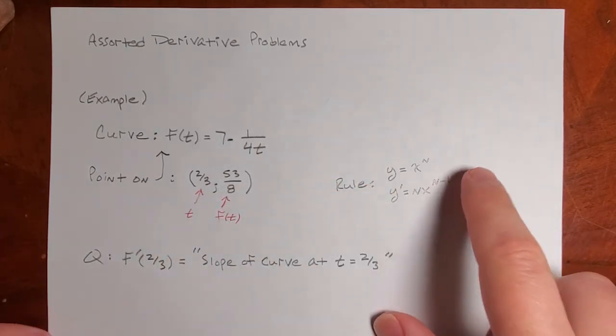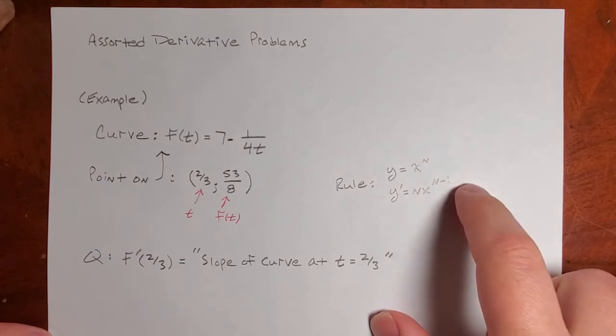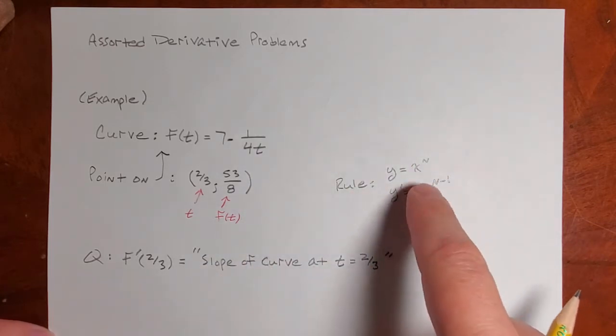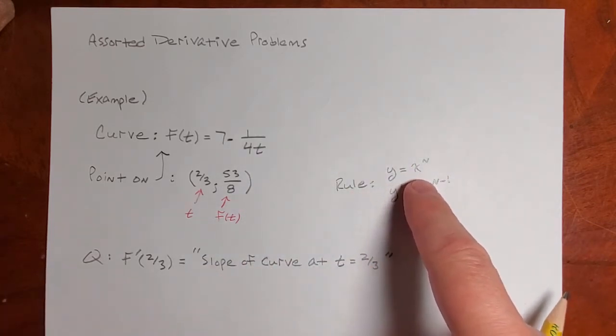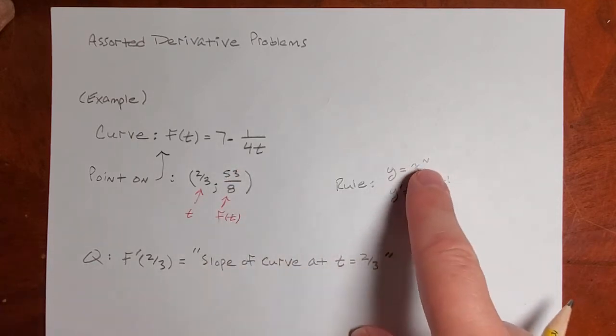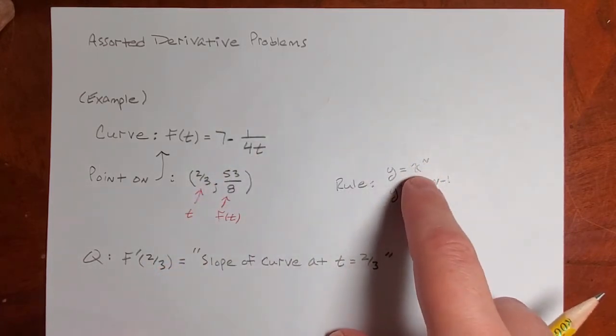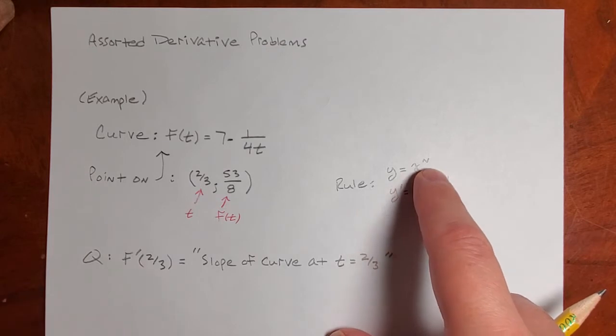But at least if we can get to here, then we should know what to do. So the way that I would think about this rule is I'd say, well, it needs to be like the variable, the independent variable, whether that's x or t, to some power. Not 1 over the independent variable, but just whatever the variable is, to some power.